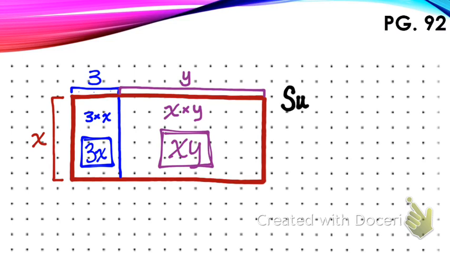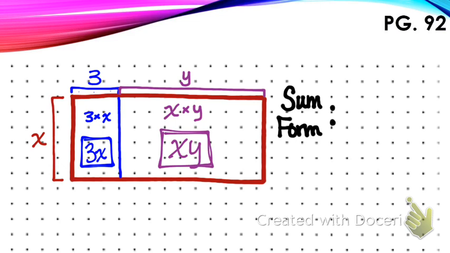How would I write the area then using sum form? I want to express the area of the whole rectangle altogether. Would it be 3x squared? Close. When I take these two parts and put them together, what operation do we use when we're putting things together?